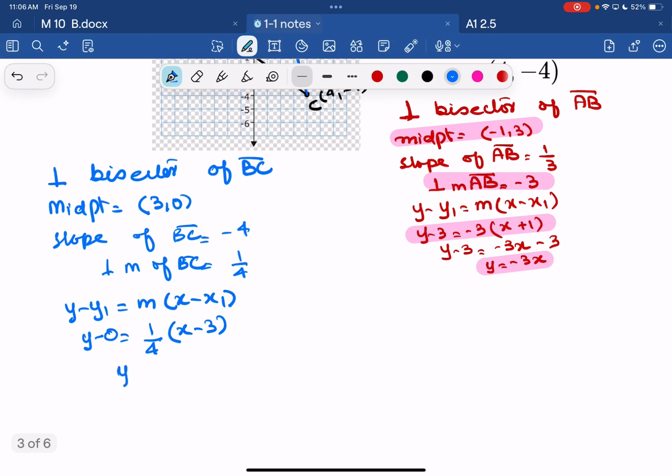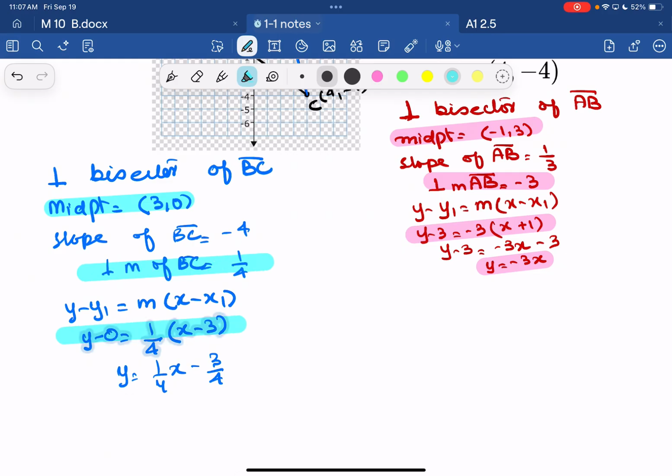From here we get y is equal to 1 over 4x minus 3 over 4. Right, everyone? Yes? Sure? So here we have our midpoint. Here we have our slope. We substituted in the point slope form and we got our equation.